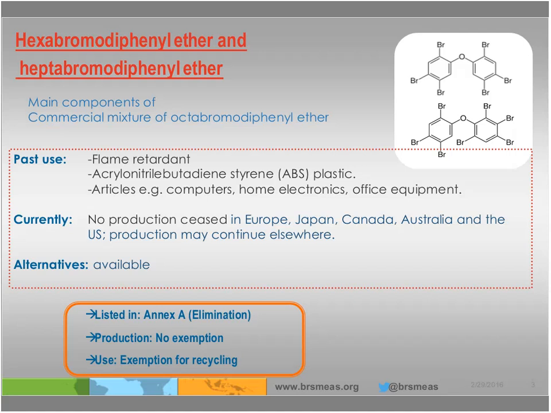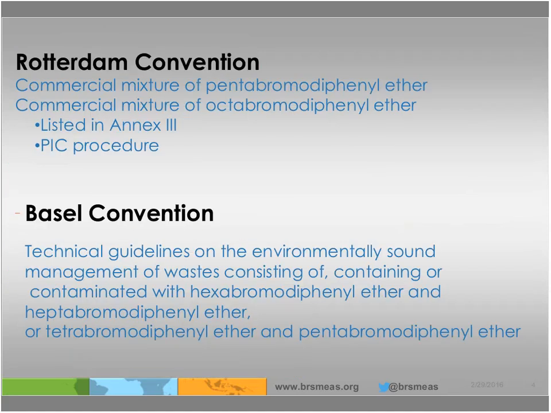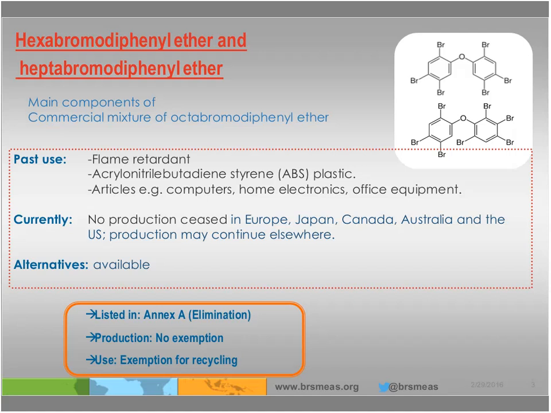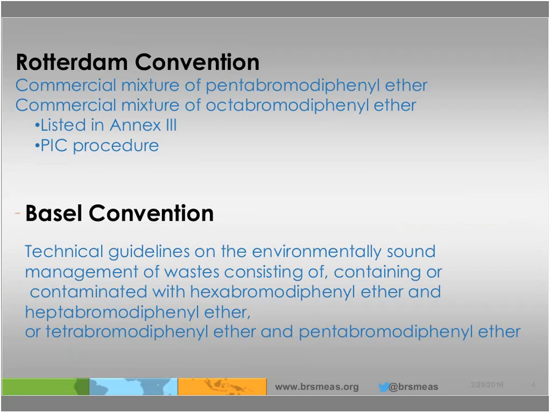The other BDE listed under the Stockholm Convention, the commercial mixture of octabromodiphenyl ether, was also used as a flame retardant, mainly in the plastic casings of electric and electrical equipment. The production of this compound has also ceased in developed countries.